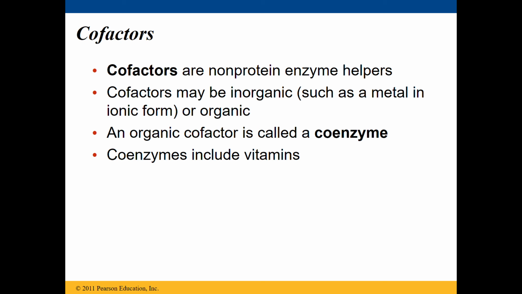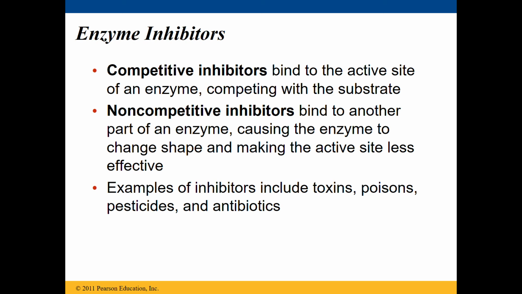If there is an organic cofactor, organic meaning, think carbon, hydrogen, and oxygen, right? We call it a coenzyme. So a lot of coenzymes include things like vitamins, right? And this is why you need your vitamins. Fundamentally, why we take magnesium and vitamins and things like that is because our body uses them to help our metabolism, to keep our enzymes functioning at their best.